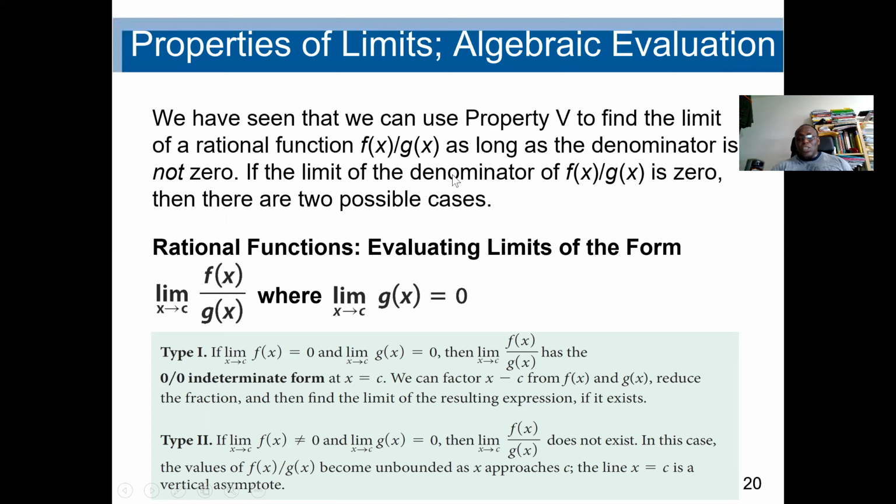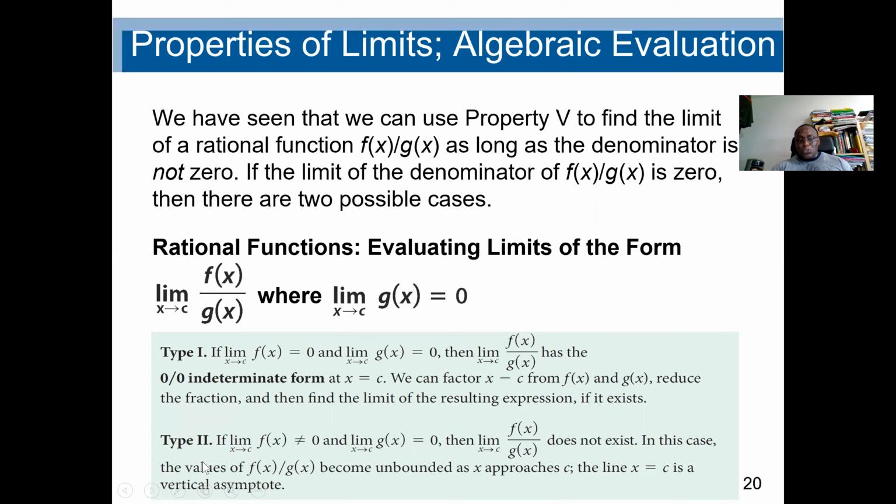Now, if the limit of the denominator g(x) is 0, then there are two possible cases. For rational functions, evaluating limits of the form f(x) over g(x) as x approaches c, where the limit of g(x) equals 0, we have two types.